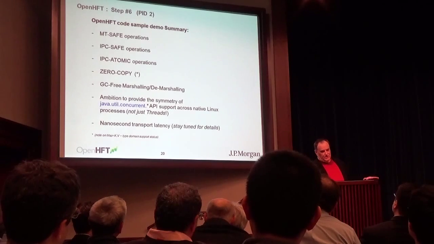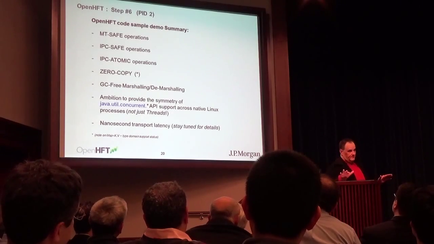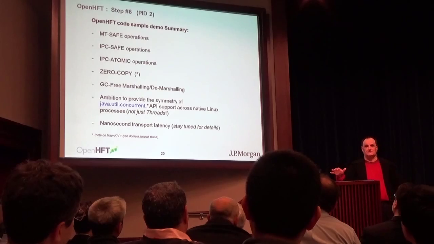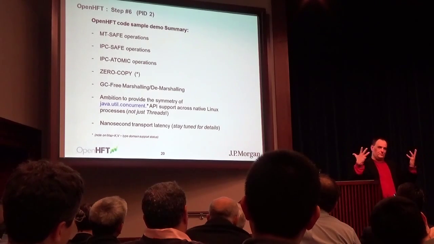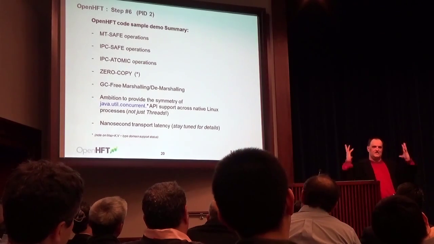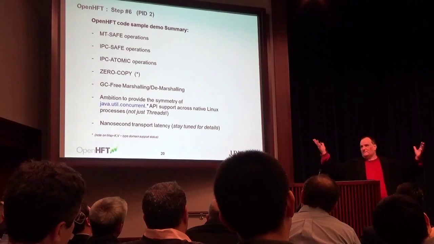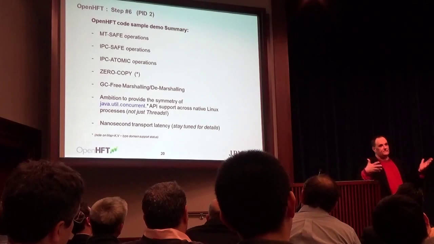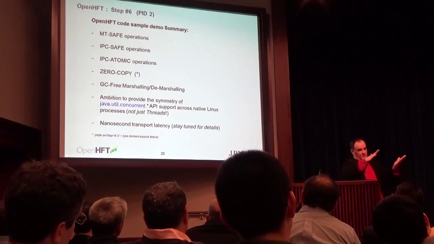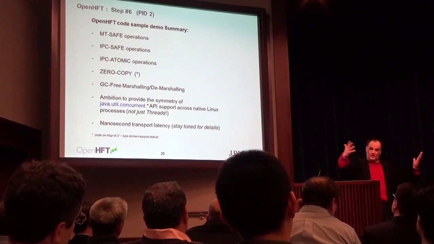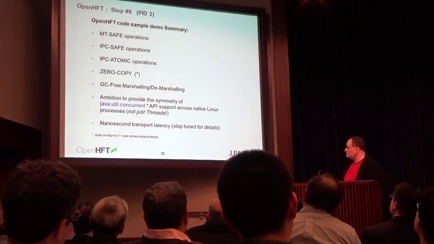And nanosecond transport latency. Now we're going to show you how this works because if you no longer have to go through some Oracle-blessed transport provider and some Oracle-blessed Java certified stack, you can go native yourself. And when you do that and you have dev shared memory as your own transport, well, watch out. I'll show you now.